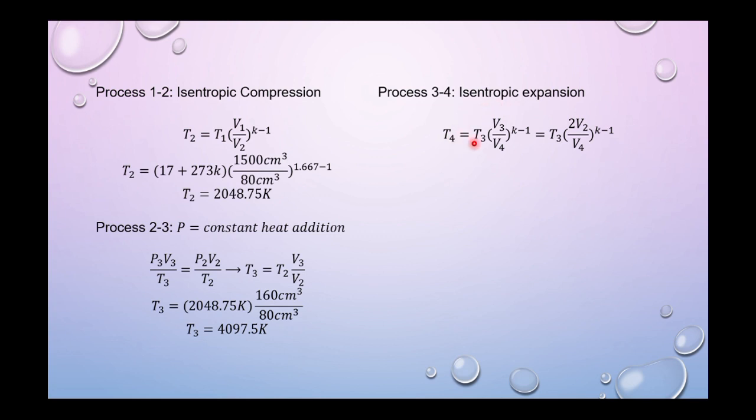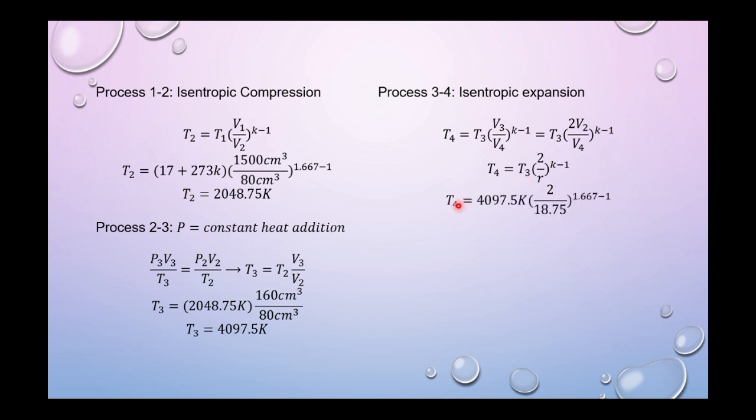Next, the process at state 3 to 4, which is the isentropic expansion. So, our T4 is equal to T3 times V3 over V4 raised to k minus 1, or equals T3 times 2 times V2 over V4 raised to k minus 1. Or T4 is equal to T3 times 2 over r raised to k minus 1.